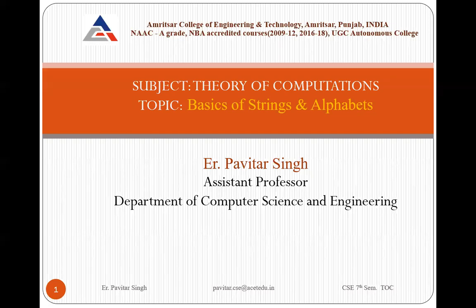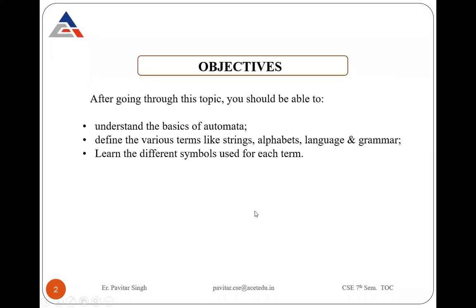First of all, we have objectives. After going through this topic, you should be able to understand the basics of automata and define the various terms like strings, alphabets, languages, and grammar.